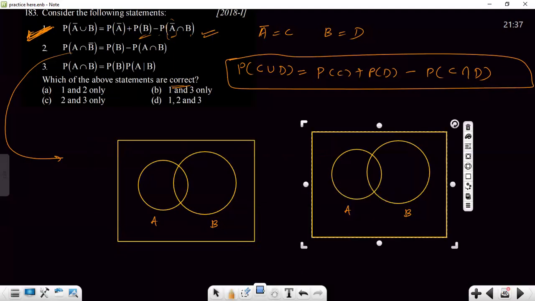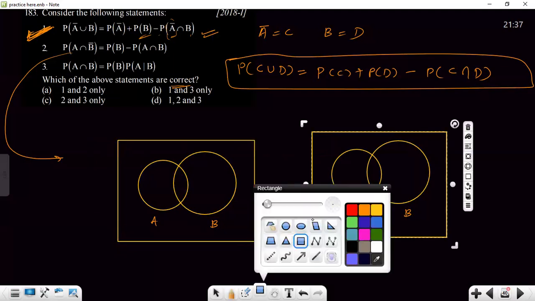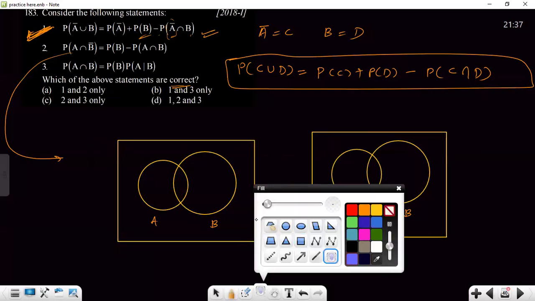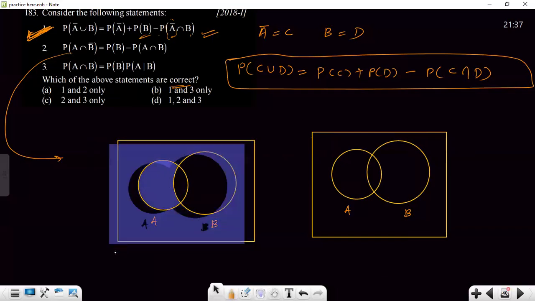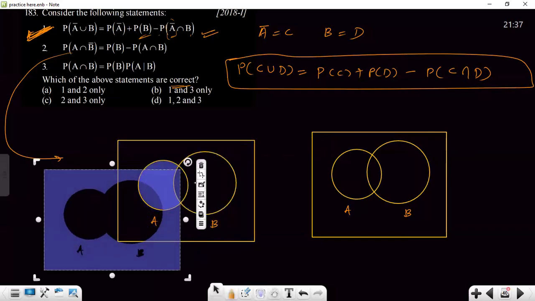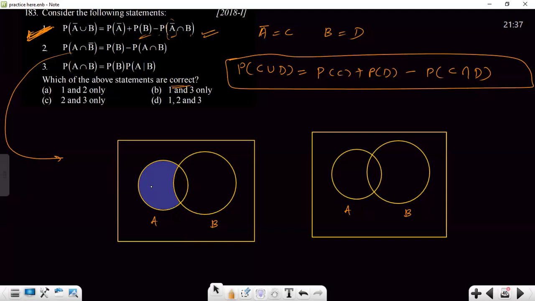So B bar is what? B bar means excluding the B set, everything is included. And its intersection with A is this only, the part that is inside the A. So that is our LHS.